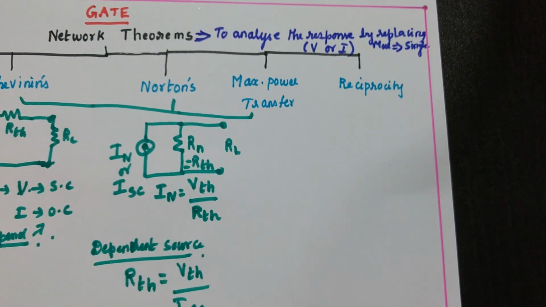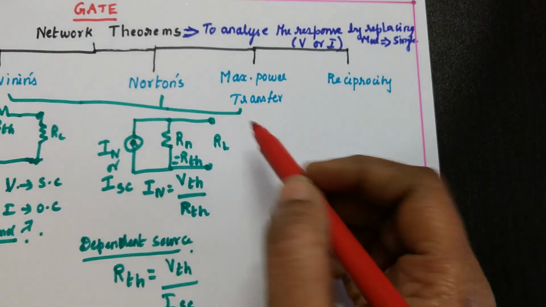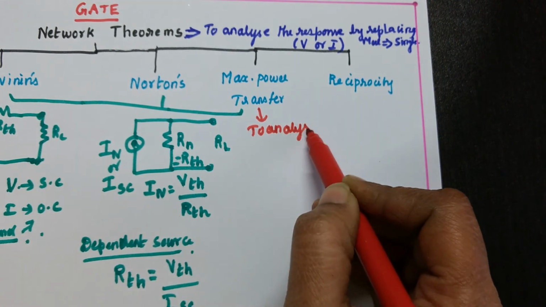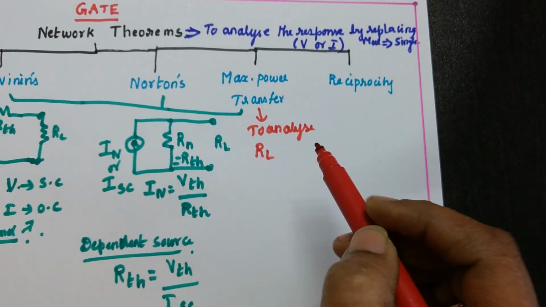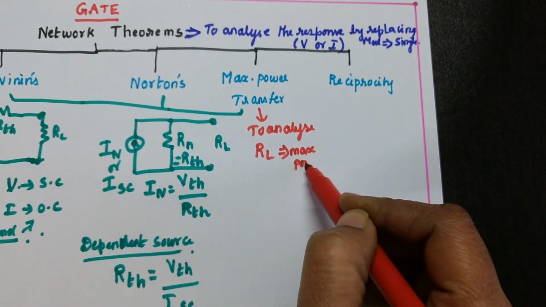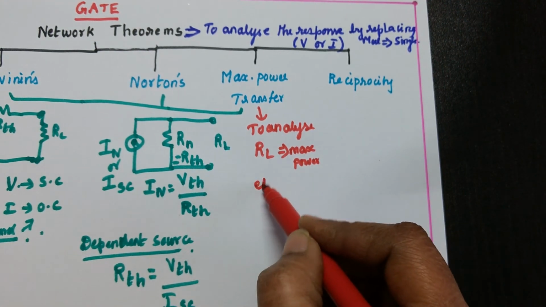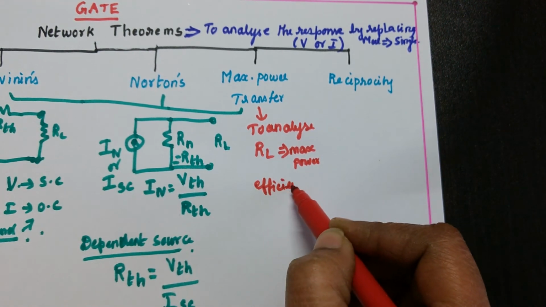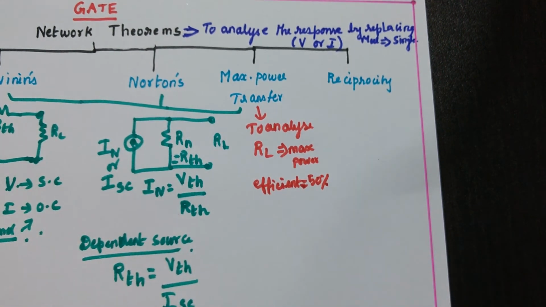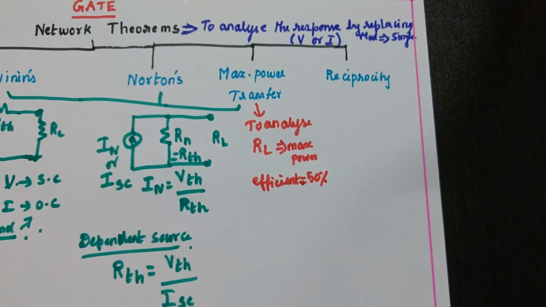Next one, the maximum power transfer theorem. It is used to analyze the value of load resistance which attains maximum power in the network. If a network attains maximum power, the efficiency will be 50% for the network. So this is the advantage of obtaining the maximum power.